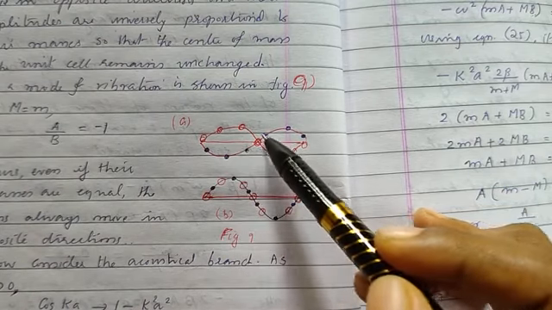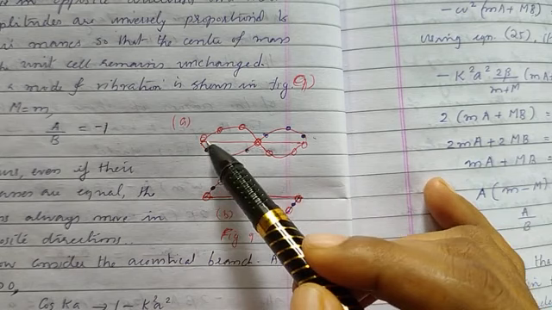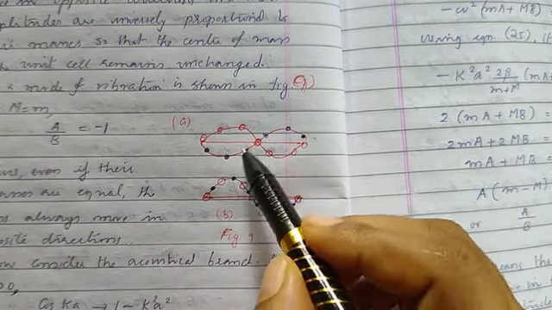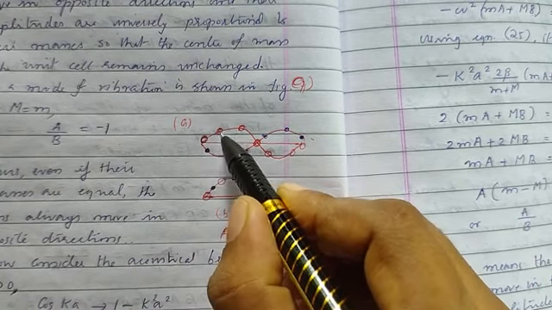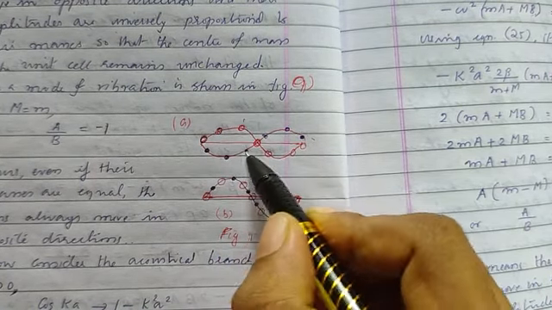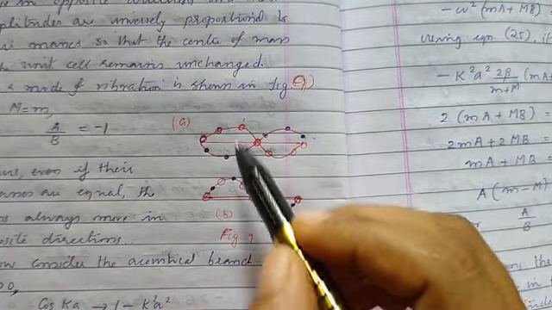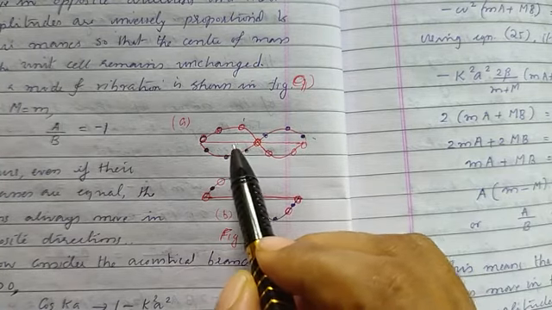Okay, so this is the figure. These two different colors represent small m and capital M. Actually, I mean this as capital M and this is small m. So they are vibrating in opposite directions so that their center of mass remains unchanged.